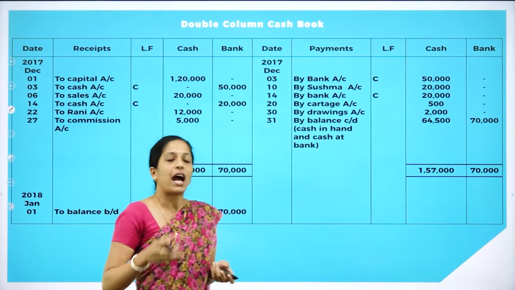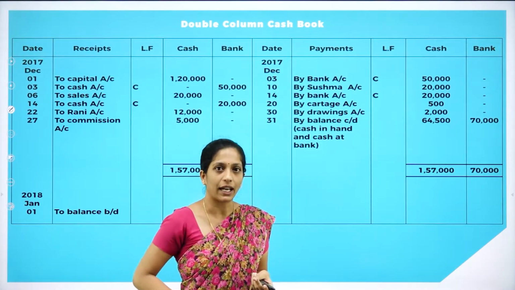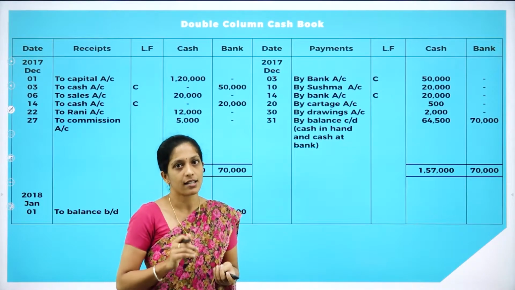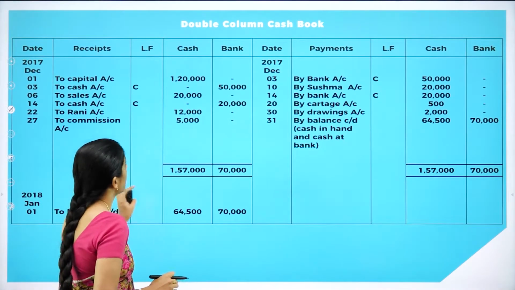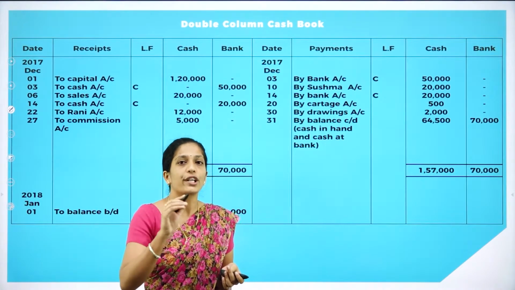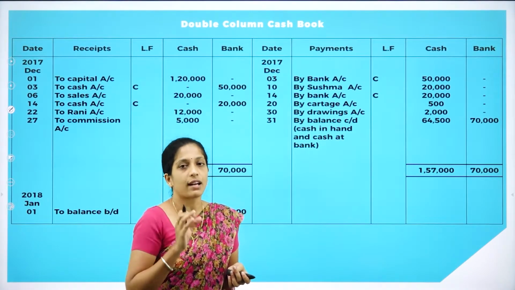First, we have to begin our double column cash book with a neat heading, double column cash book, and you will have a receipt side as well as a payment side. Under the receipt side we have date, receipts, ledger folio. Under the ledger folio column we write capital letter C to indicate contra entries.